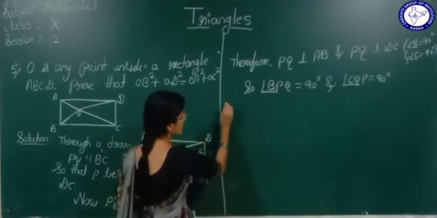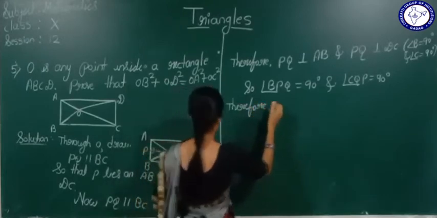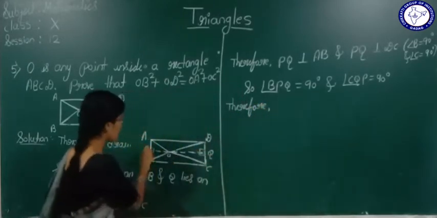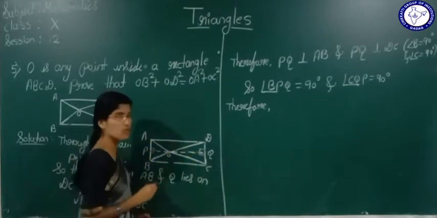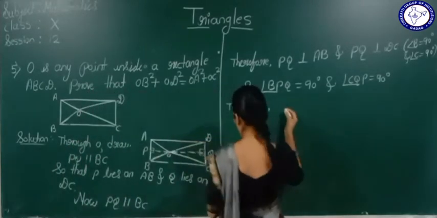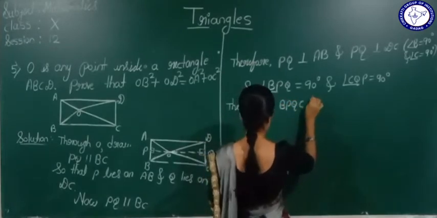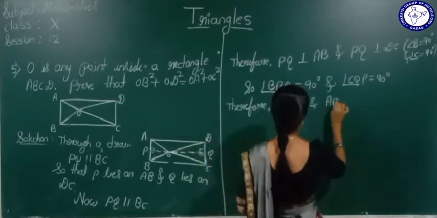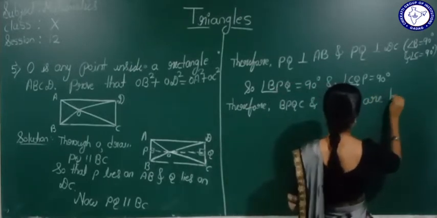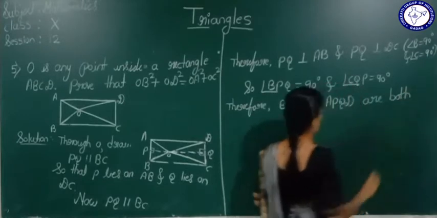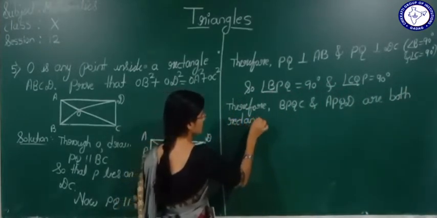Now what we can write? Therefore BPQC and APQD are both rectangles.